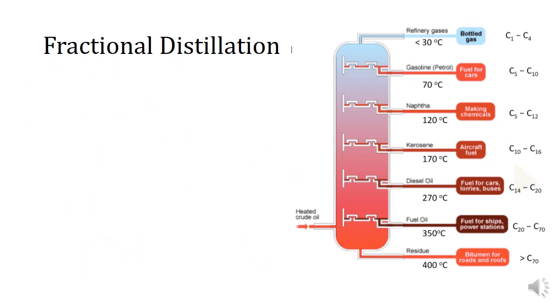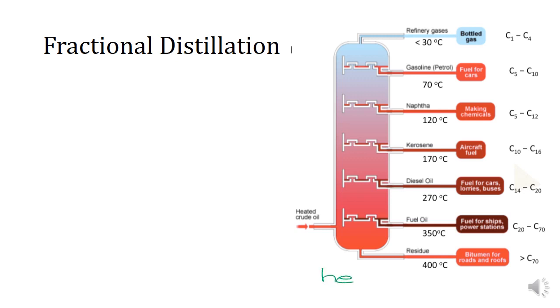Okay, so fractional distillation is, and I'm going to switch to my laser pointer. Basically what happens is you start with crude oil and you put it into a heated chamber. The heat source is down the bottom. I'm going to switch from a red pen because that entire diagram's red.